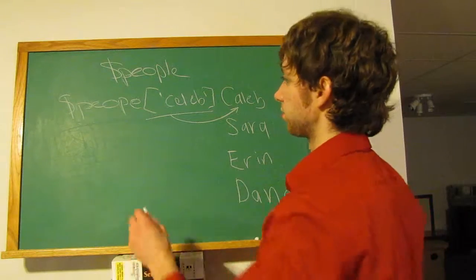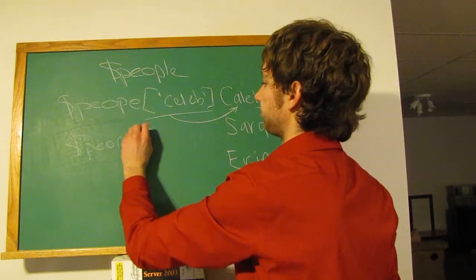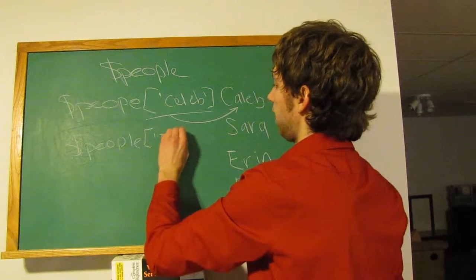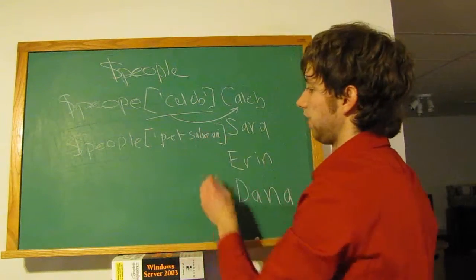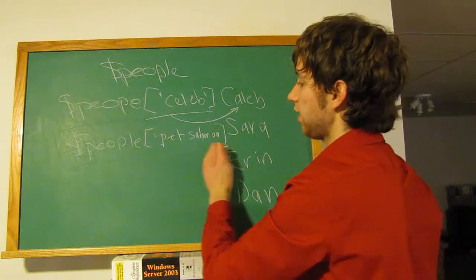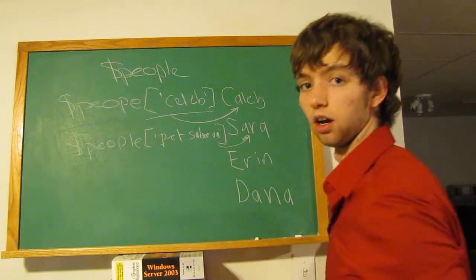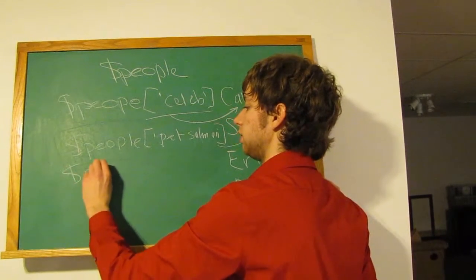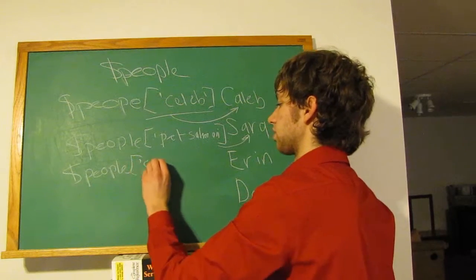And for these other ones, we could just make stuff up. We could have, like, pet salmon. And this specific entry within this array points to this entry, Sarah. So hopefully this is making sense. We could have another one, people, and then within these brackets we could have just salmon.